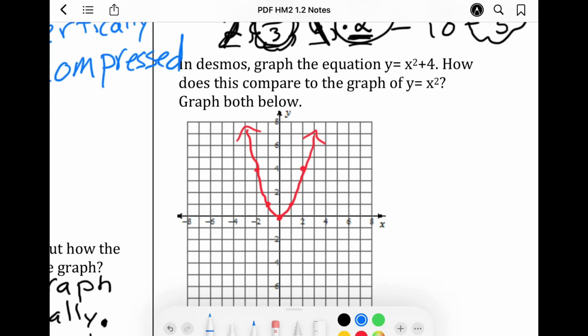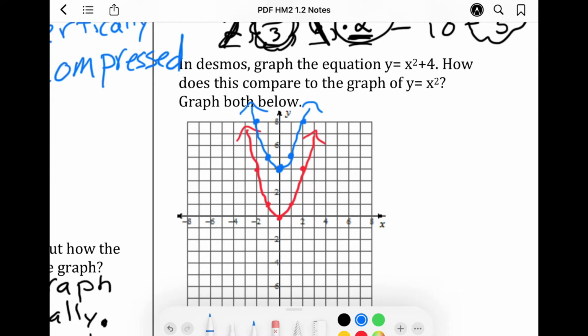But it should look something like this, where your vertex or your min is there. -1, 5, and 1, 5. And -2, 8, and +2, 8. And that should be your graph.